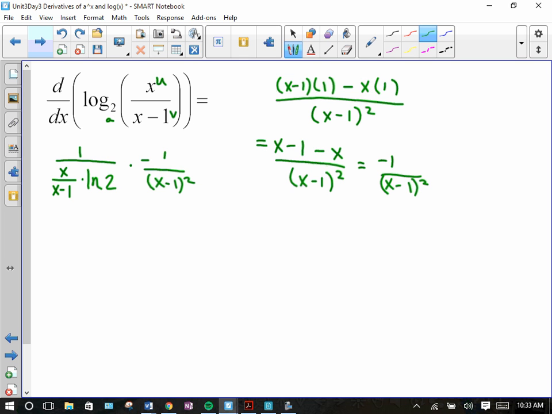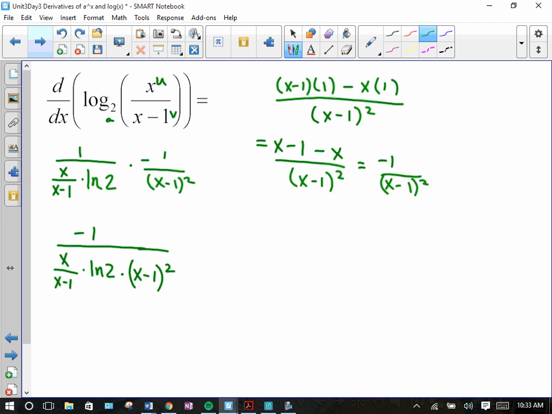Alright. So what that would give us, let's see how this is simplified. 1 times negative 1 is negative 1 divided by x over x minus 1 times natural log of 2, times x minus 1 squared.